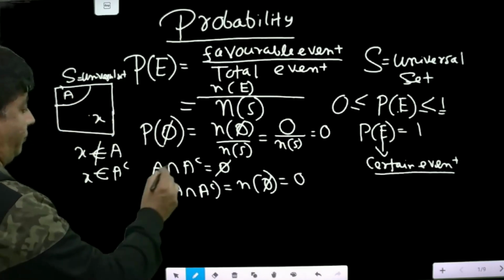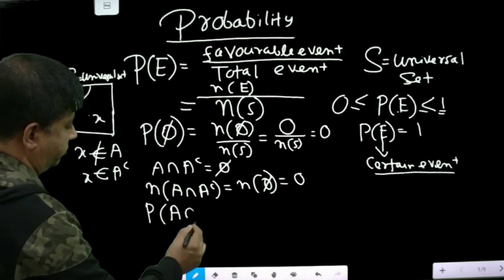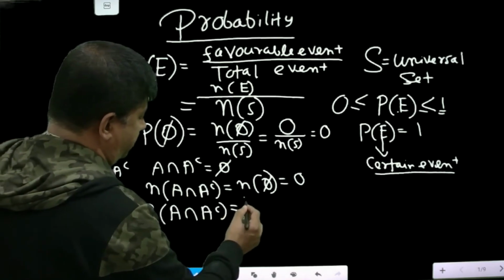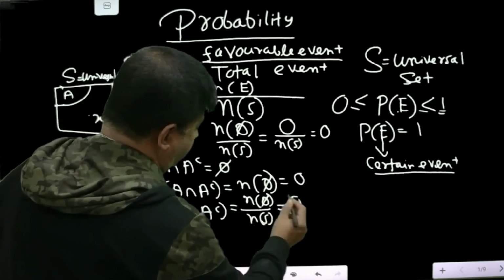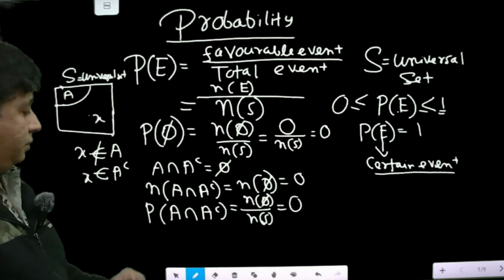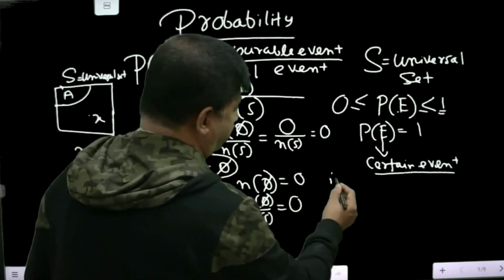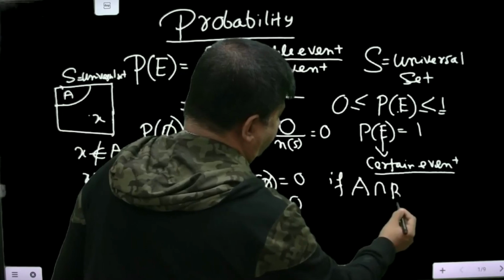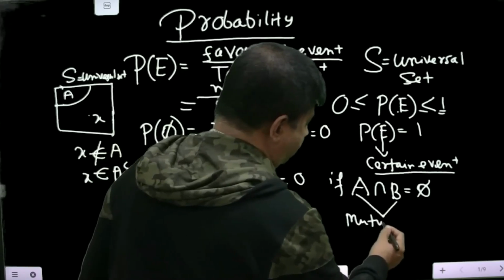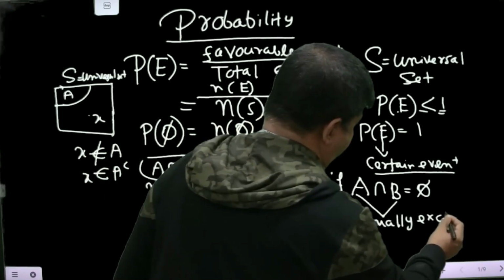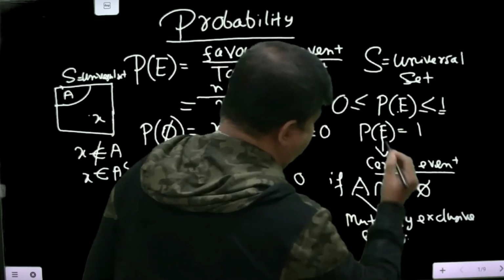So the probability of this part is zero always. Now, if A intersection B is null, then these two events are called mutually exclusive events.